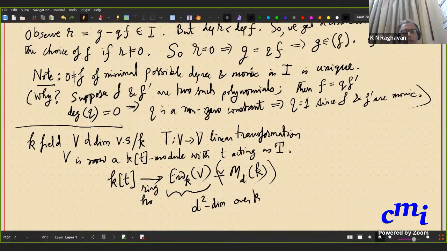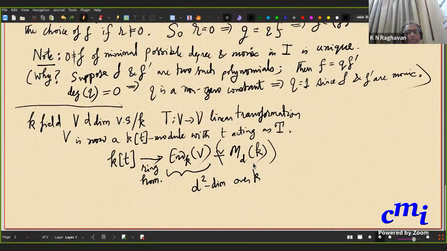In particular, it's a vector space homomorphism as well. It respects the scalar multiplication by K.